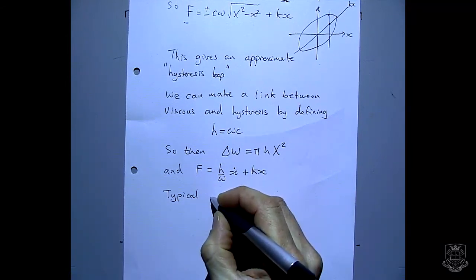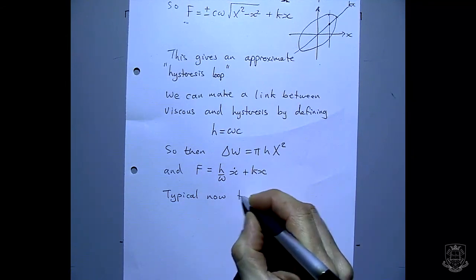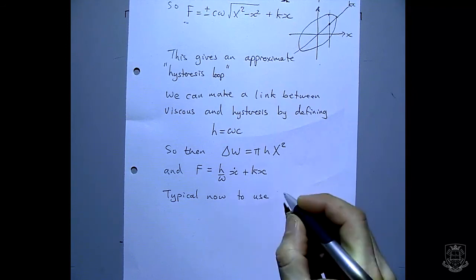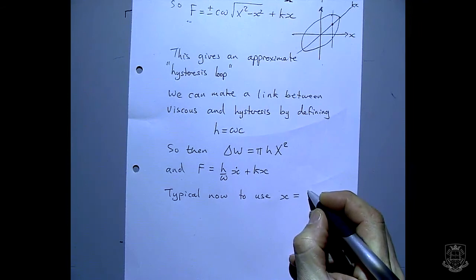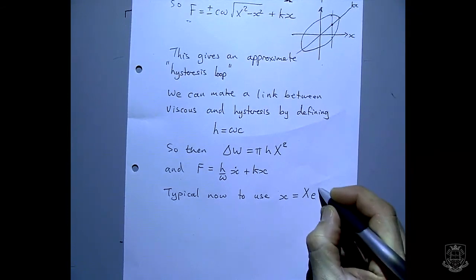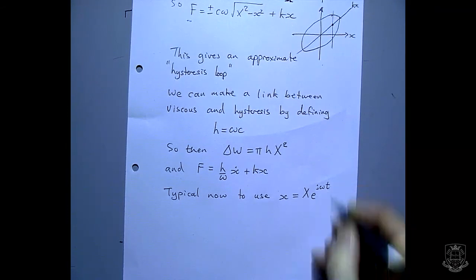It's typical now to use exponentials. So small x is equal to big X e to the j omega t.